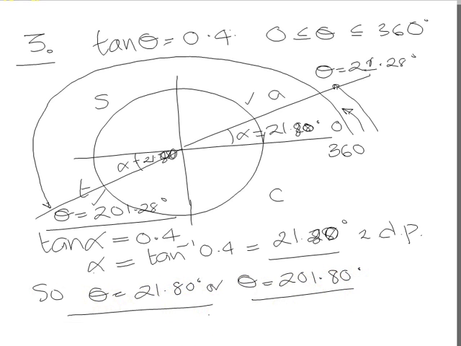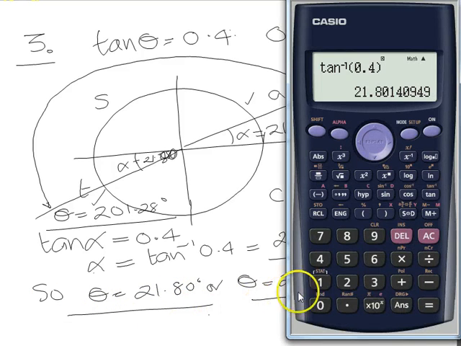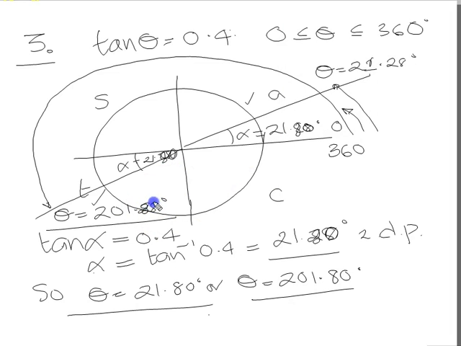There we go. Let's check we haven't made another silly mistake. So tan 21.80 equals 0.4. Happy with that, aren't you? And then the 201.80, let's put that in.